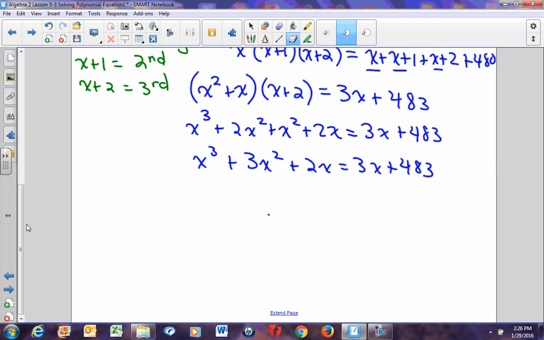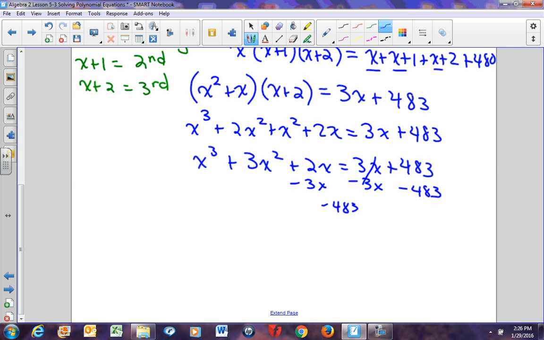Okay, so now I'm going to move everything to the left side so I can set it equal to 0. So I'm going to subtract 3x. And I'm going to subtract 483. So these will cancel out, and that will give me x to the third plus 3x squared minus x minus 483 equals 0.